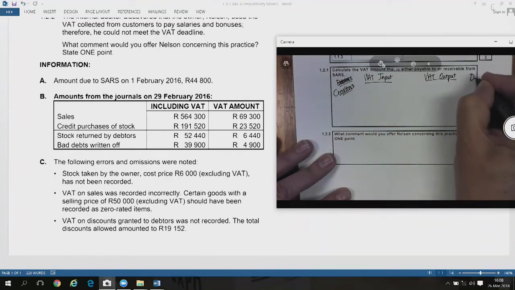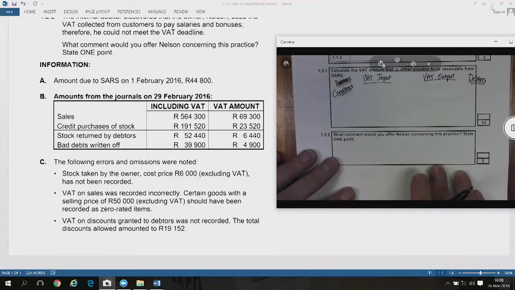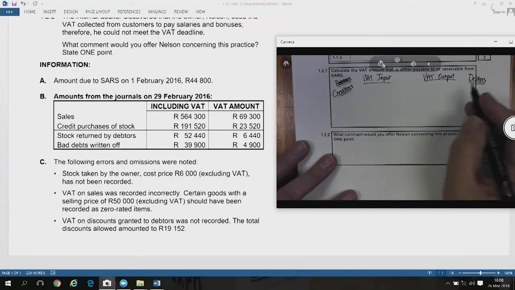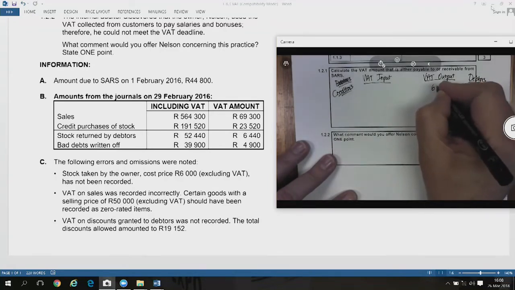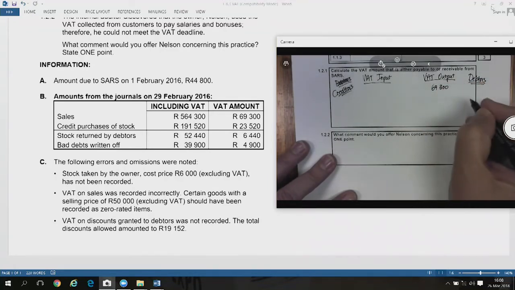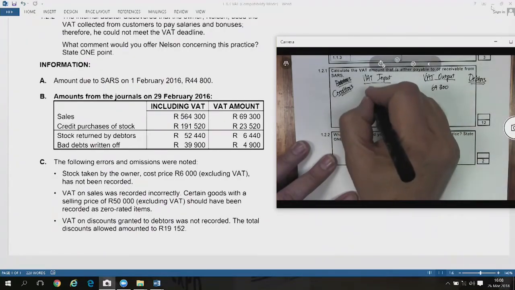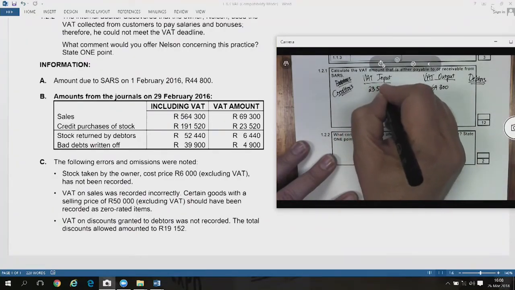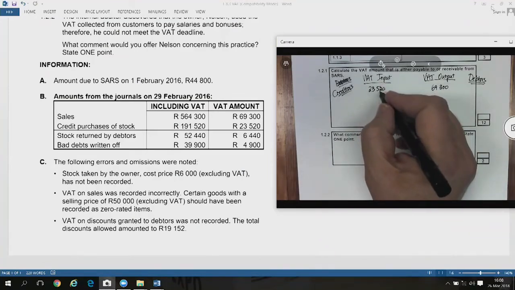Output is debtors, we sold to debtors, and I keep that in mind. Sales 69,300. Sales is output 69,300. Credit purchases of stock 23,520. Normal sales and normal purchases.